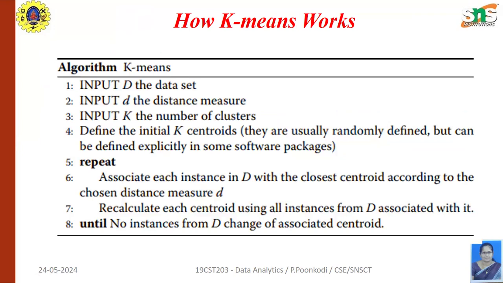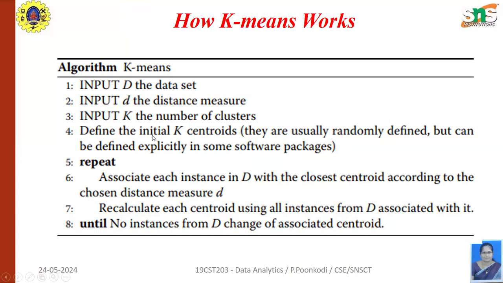This is how the K-means algorithm works. First, we give the input data set, and from that we measure the distances, considering the number of clusters, which is represented by k.